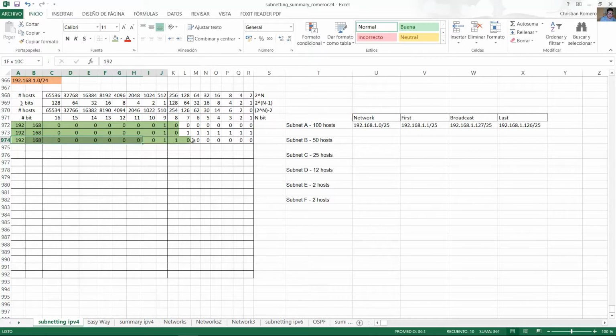Okay, this is the network address, 1, and this binary number in decimal is 128. Okay, 1 next to the broadcast from the previous subnet. Okay, 128, but the subnet mask is 24 plus 2 bits, 26.